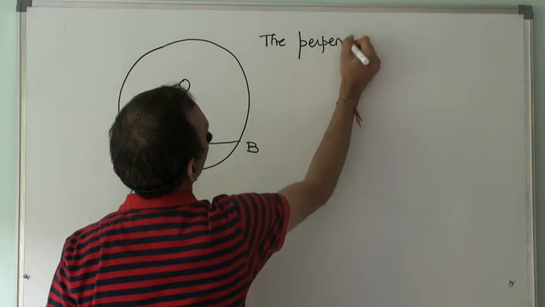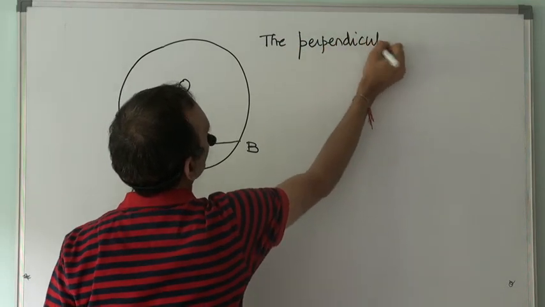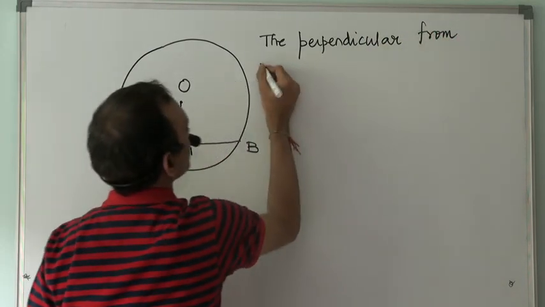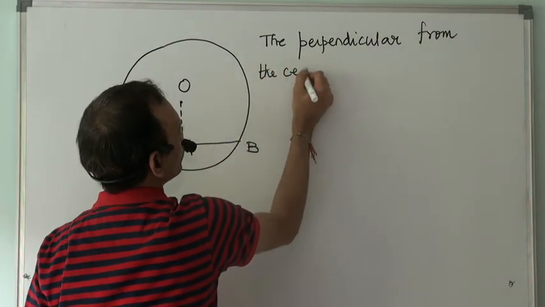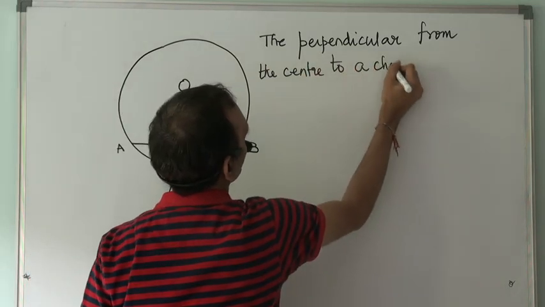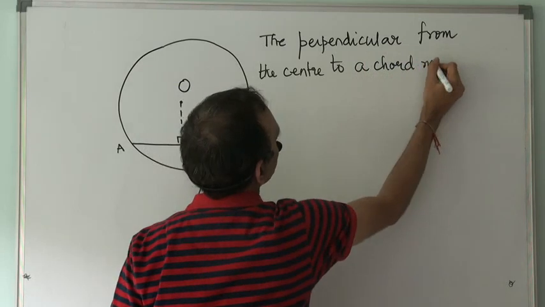The perpendicular from the center to a chord must bisect the chord.